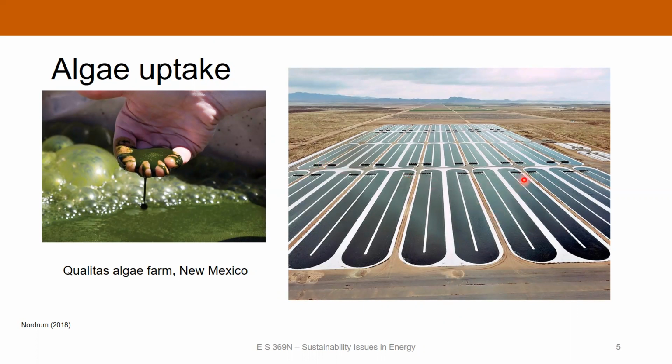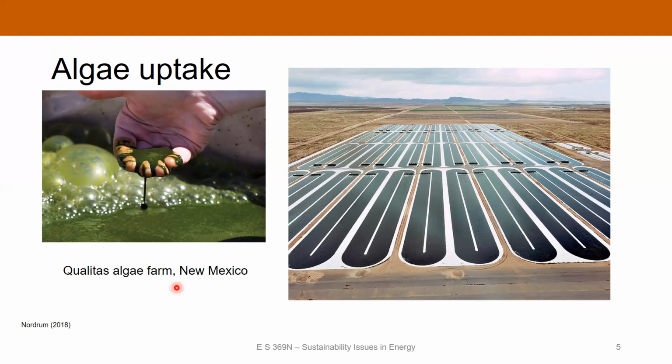This is an aerial photograph of a large-scale algae farm in Columbus, New Mexico, in far southern New Mexico. It's run by a company called Qualitas. They're actually a dietary supplement making company, but they currently run 2 of these farms. One is here in New Mexico.